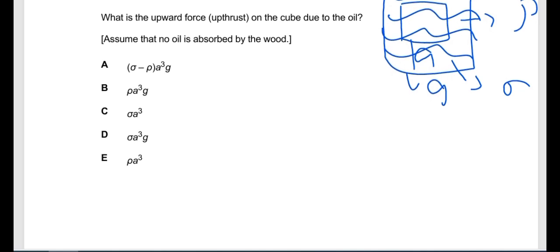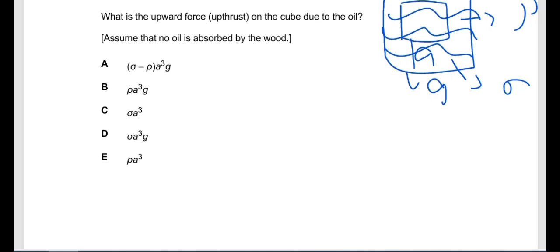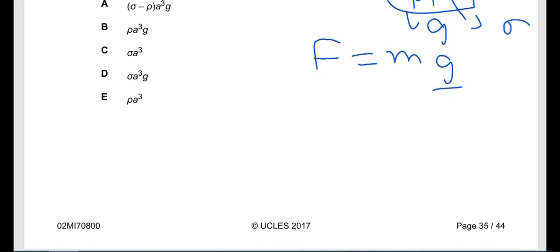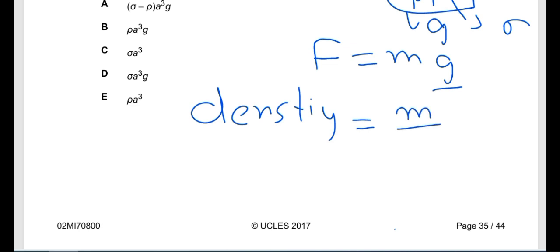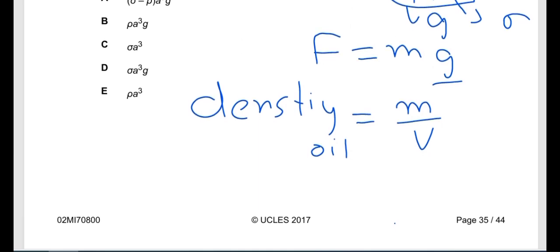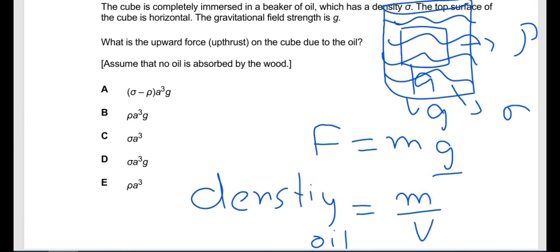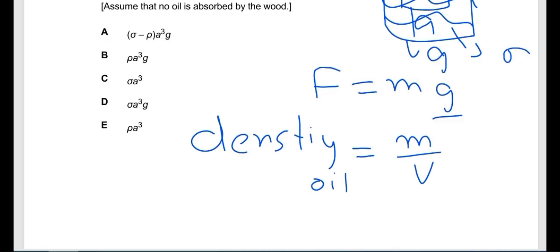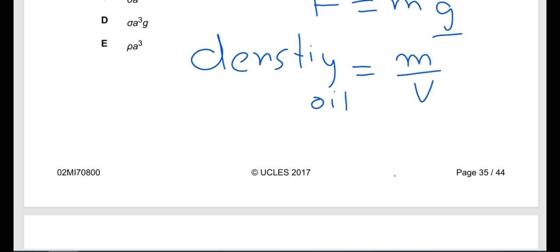So we have to find the upthrust force, which is equal to, we know that force is equal to mg. Here g is given, we have to find m. We know that density is equal to mass per unit volume. So why do we take the density of oil? Because the force is applied due to the oil, we have to find the force due to oil.